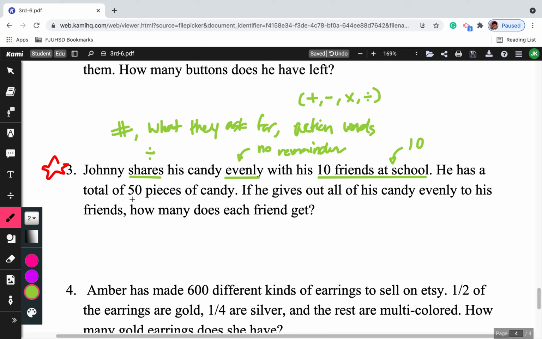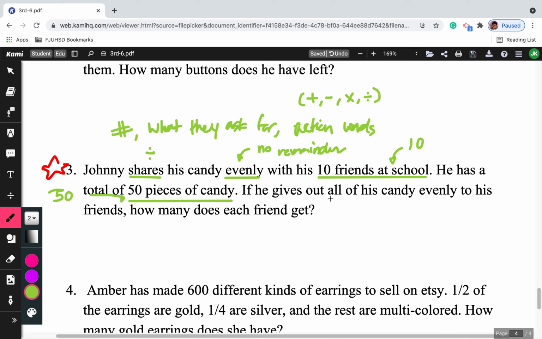And he has a total of 50 pieces of candy. I'm so sorry, guys. Okay, so basically, this is how much we have, and this is asking how much we need to split.